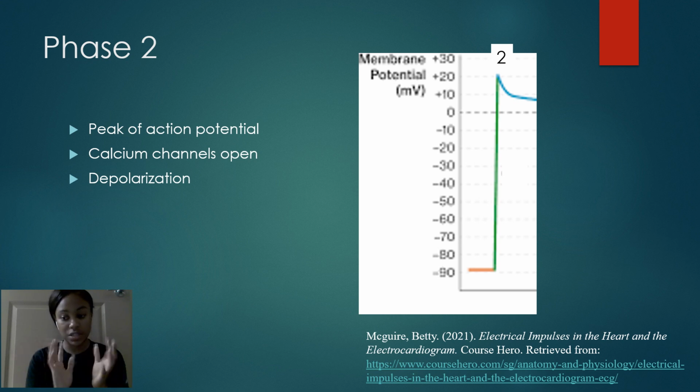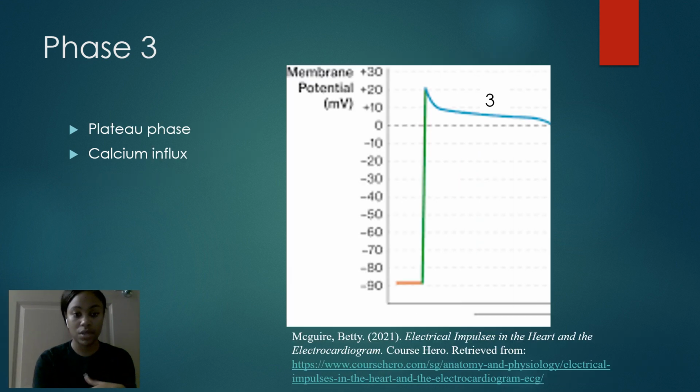This leads to a transient period of repolarization, and it also leads to the opening of the voltage-gated calcium channels, which prohibit repolarization of the membrane potential. Because of this, there's a prolonged period of depolarization, and that leads you into the plateau phase, which is phase three.